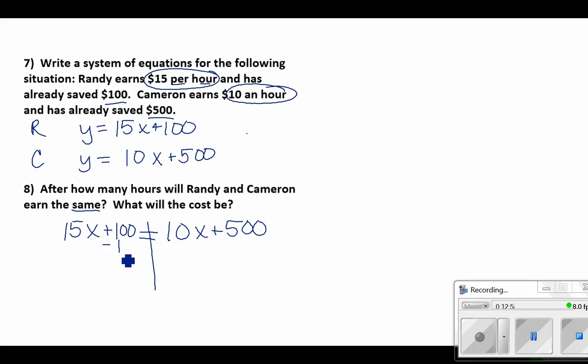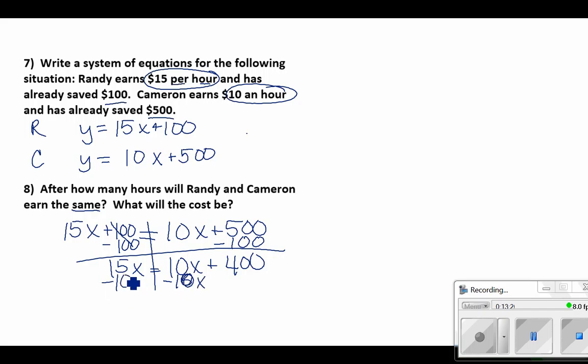I'm going to subtract 100 on both sides. And I have 15x equals 10x plus 400. I'm going to subtract 10x on both sides.